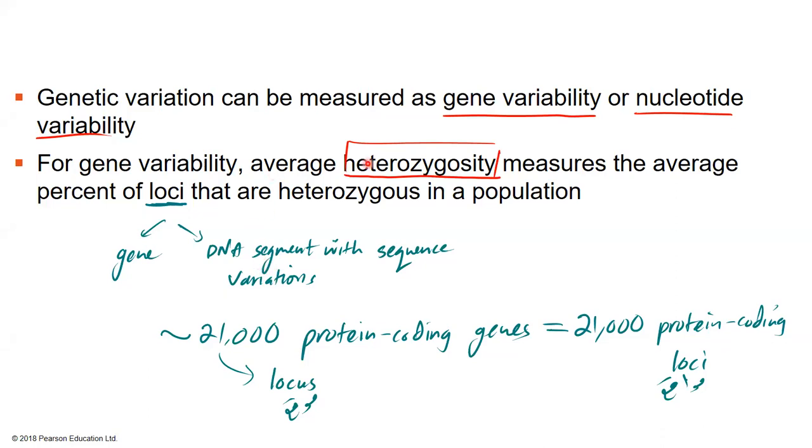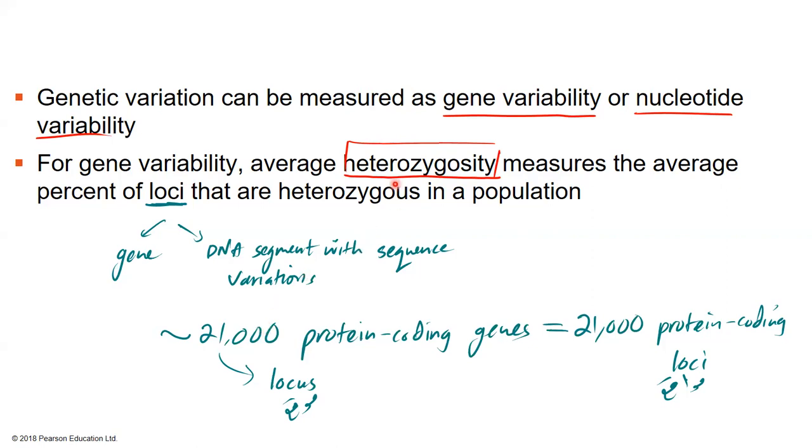Now, for the average heterozygosity, we want to go into a population and determine how many members of a certain population have heterozygous genotypes at the different loci present in their genomes.